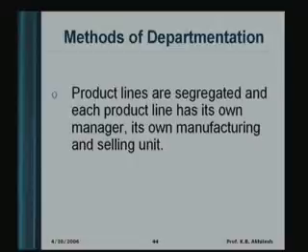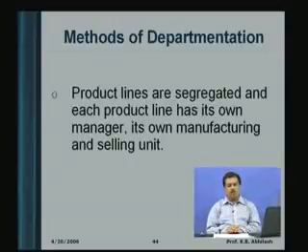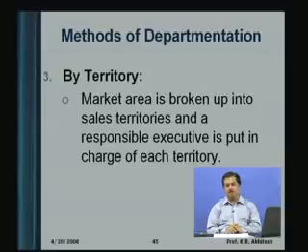Within that you can also have different functions. That means each manufacturing unit of that particular product is headed by a product specialist, a person who is in charge of that product, but within that you can also see the subunits. Sometimes you can also see the primary departmentation coming because of the territory. So the easiest classification is urban and rural.